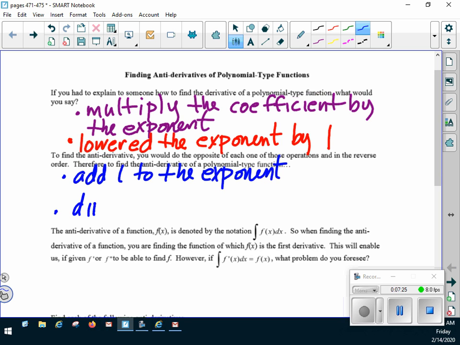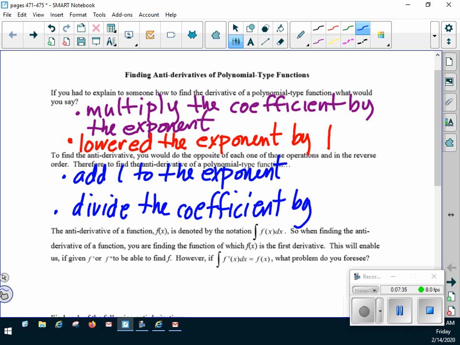Divide the coefficient by what? Which one, the old exponent or the new exponent? The refurbished exponent.